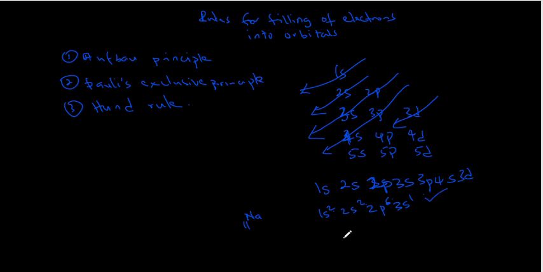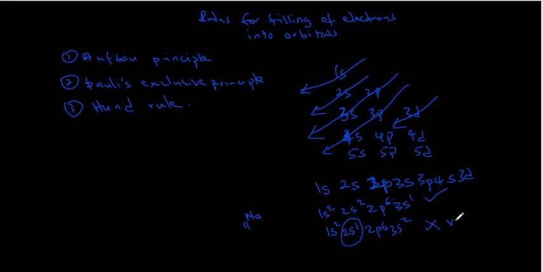But if I want to violate this principle, which is the kind of question you should expect in the exams, I can have something like this: 1s2, 2s1, 2p6, 3s2. If you notice, there is a problem here: 2s1.